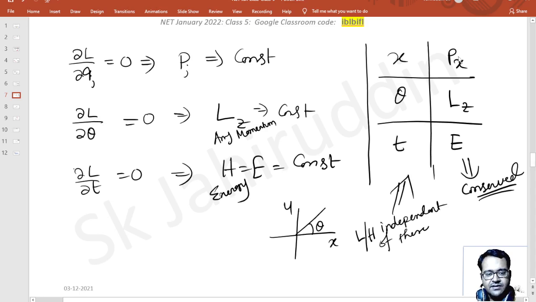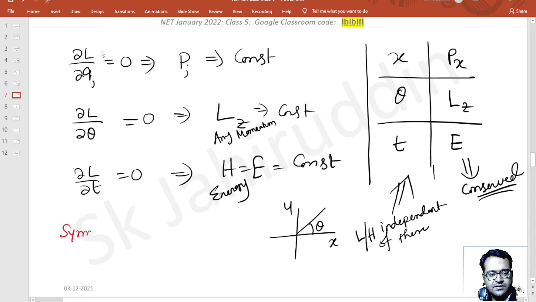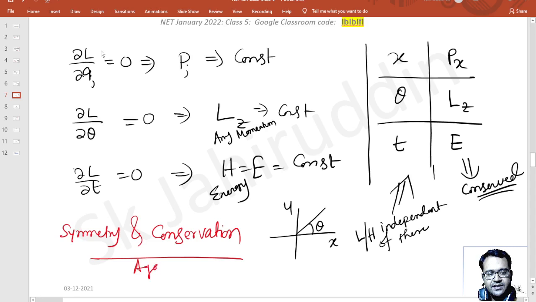That is the basic philosophy of this symmetry and conservation. If you do theoretical physics, this will come again and again. These are very important. I hope you understood what I said. If you didn't, please go back a few minutes and listen once again. There is no mathematics in it right now, but just listen to it.